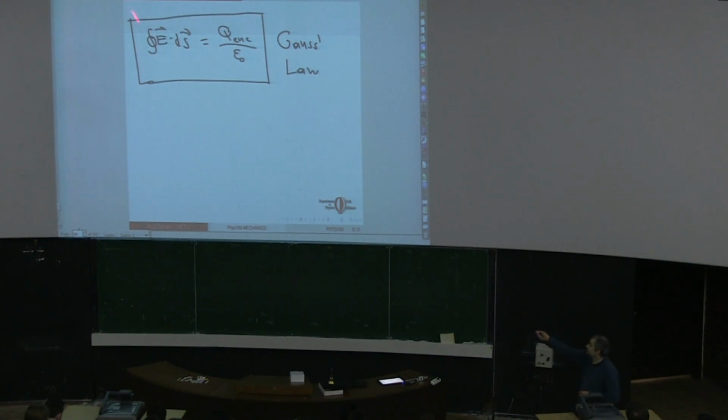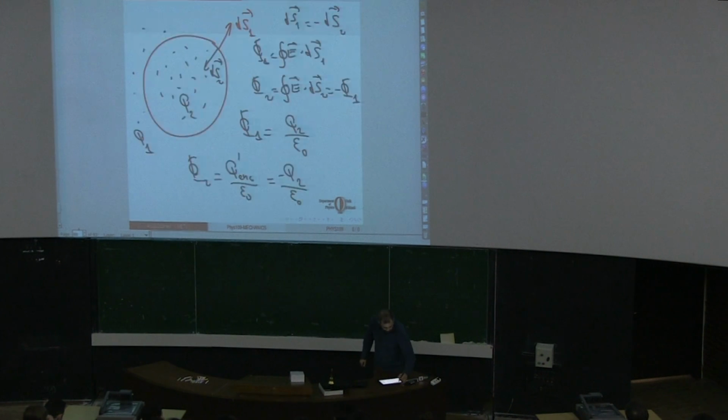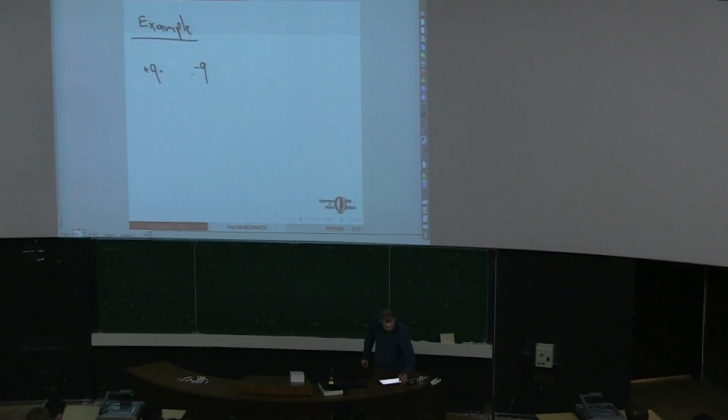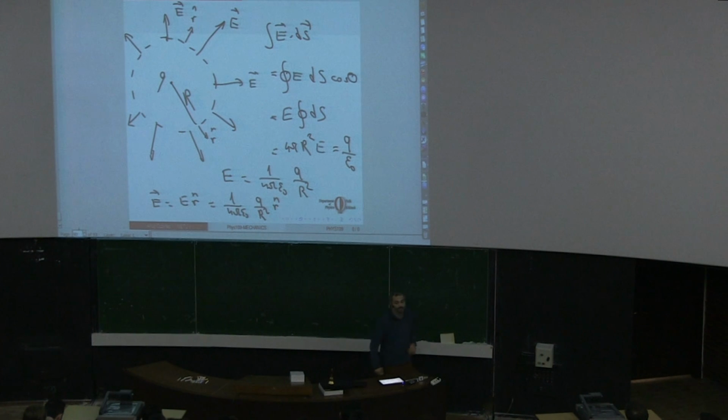No, it doesn't say anything. The electric field lines need not be perpendicular to our surface. Whatever the surface is, this still holds. Now, in this example, we know that Gauss's law holds for any surface.